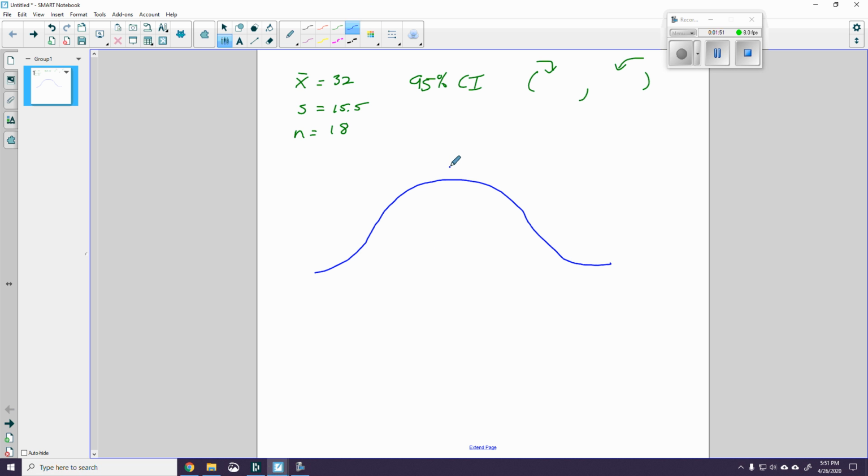And right in the middle of this curve is going to be my X bar of 32, because I'm trying to find what values over here and over here bracket that 32 so that I am 95% sure that the actual population mean, whose symbol would be mu, is between these two values.